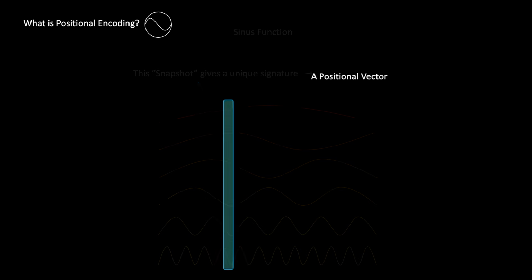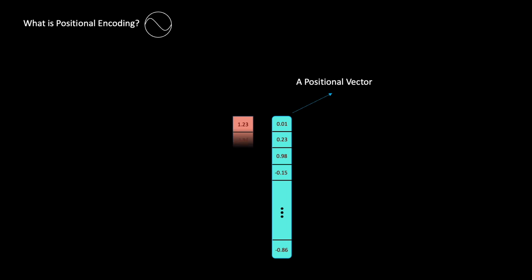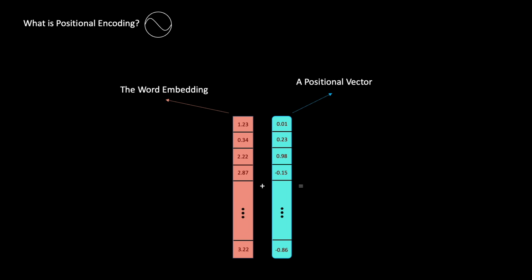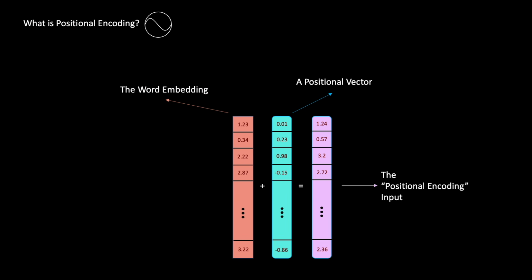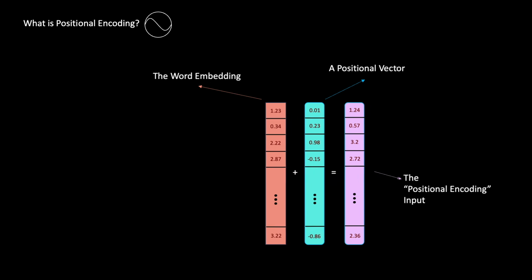By taking this positional vector and adding it directly to our word embedding vector, we produce the final input for the transformer. This allows the model to not only identify where a word is located, but also to easily calculate the distance between two words regardless of the total sequence length.